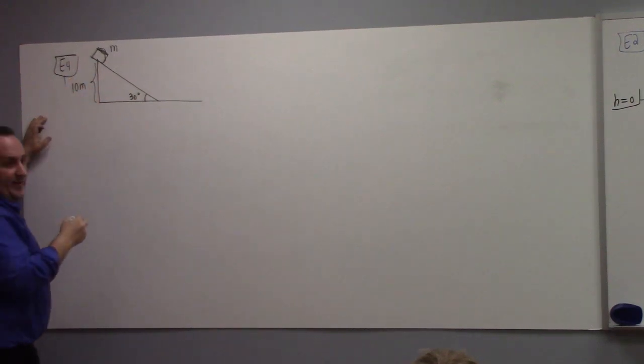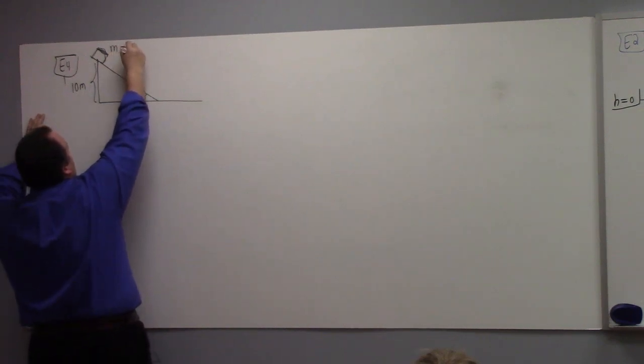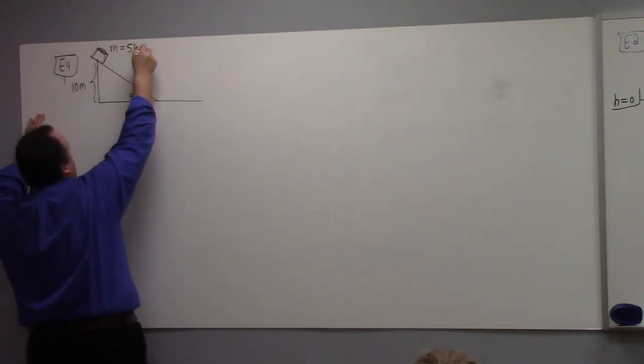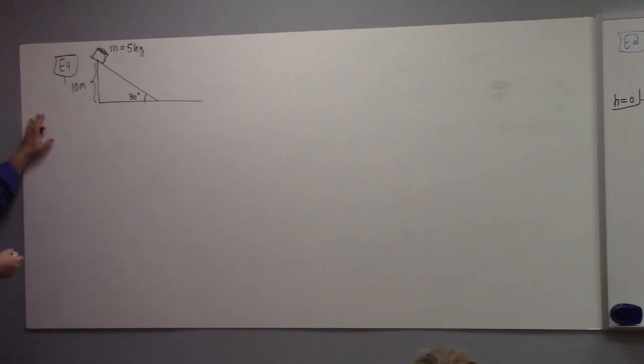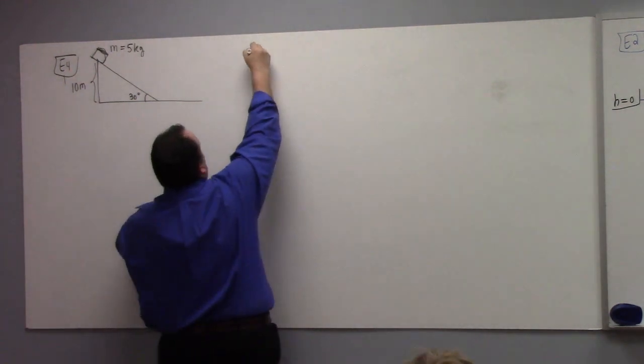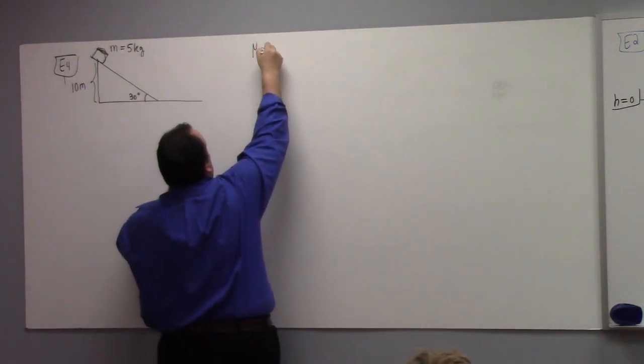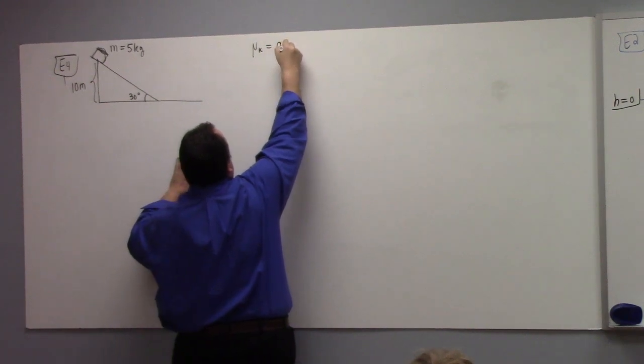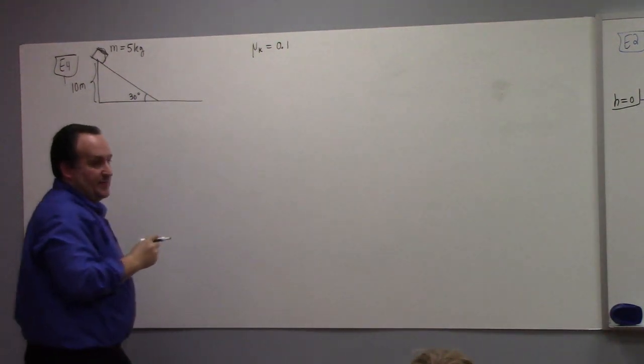Your mass is, let's say, 5 kilograms. And let's suppose that the coefficient of kinetic friction is 0.1, just to be sure I don't make something illogical.